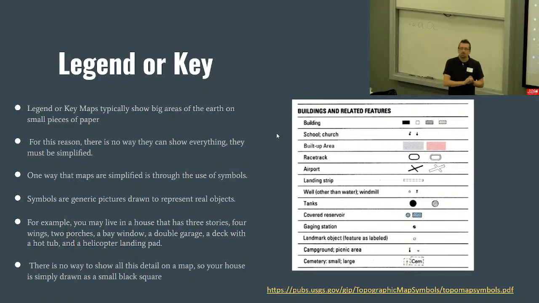So let's break this down just a little bit. We're going to go through these and hit the important parts here. So the legend or the key shows you areas that are important to note on the map. And you can see that they are typically simplified. So if you have a town, right? Let's say you have the town of Anniston or Gadsden, which Jacksonville is kind of in the middle of. On a map, they will be symbolized the same way.